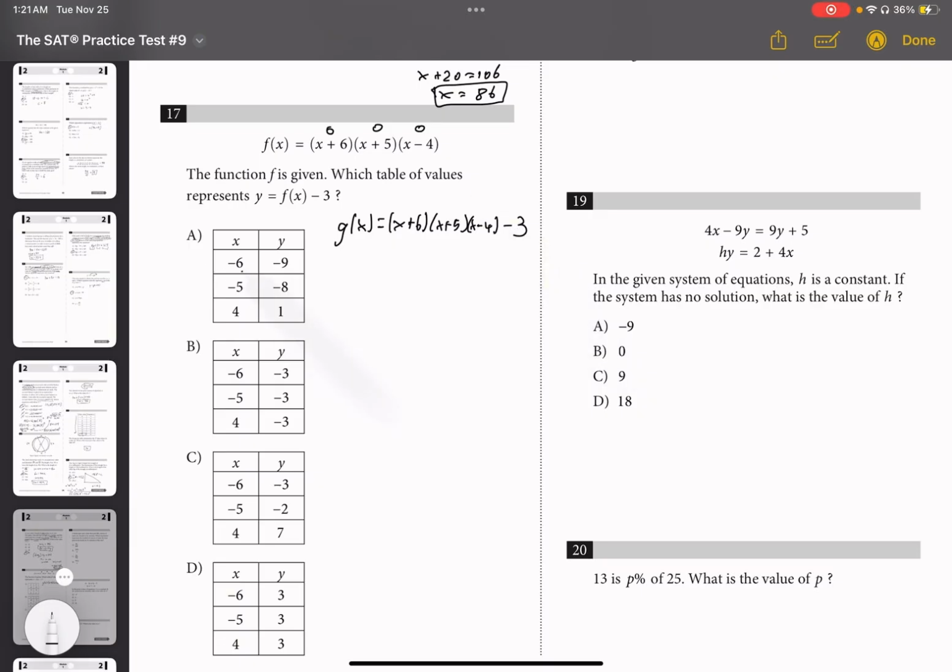So when we have -6, we should have a y value of -3. That's incorrect. This is correct. -5, another 0 gives us a value of -3. 4, another former 0 gives us a value of -3, so that's going to be our answer. These other options don't give us a value of -3, so they're also incorrect.